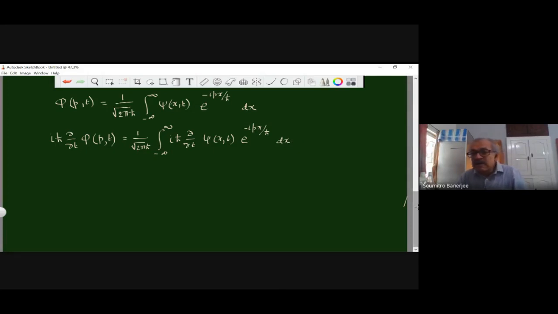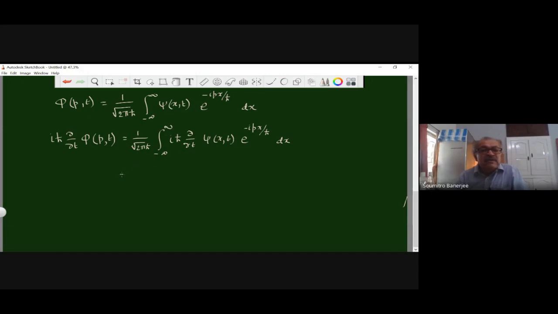We have started writing at the bottom, anyway. Now what is this? We know this from the Schrodinger equation in the x domain, so we'll just substitute that.